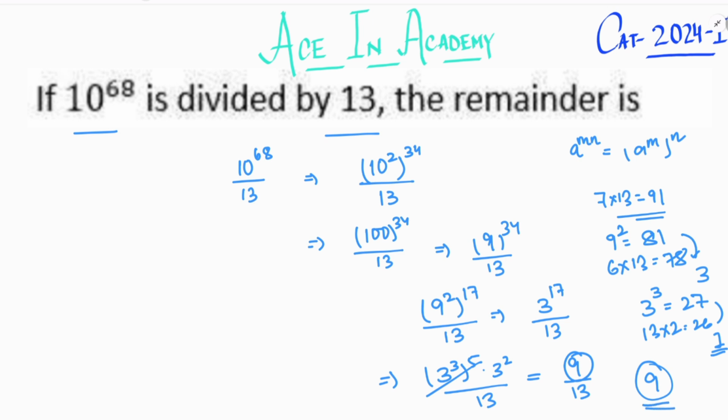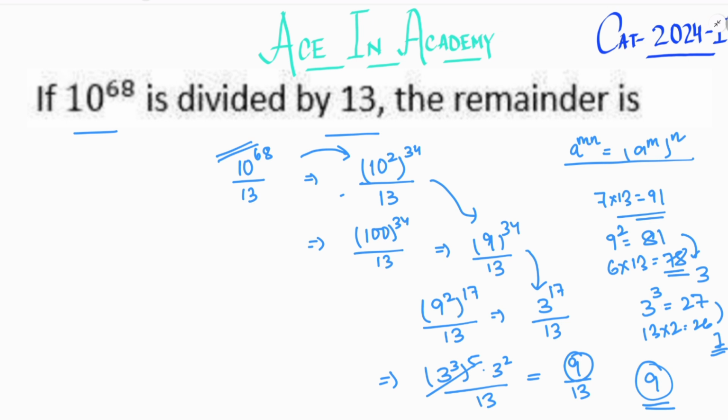I'll repeat what we did. First we had our question, then we transformed it to a smaller part by using the formula a raised to power mn is equal to a raised to power m raised to power n. Then we got our first remainder, that is 9. Then we again found the closest number, that was 78, and then we got our second remainder, that was 3. Then we found the golden number, that is 1.